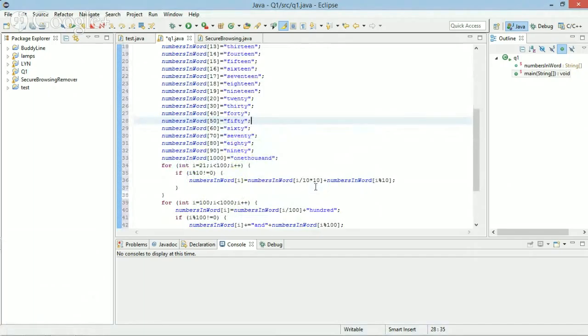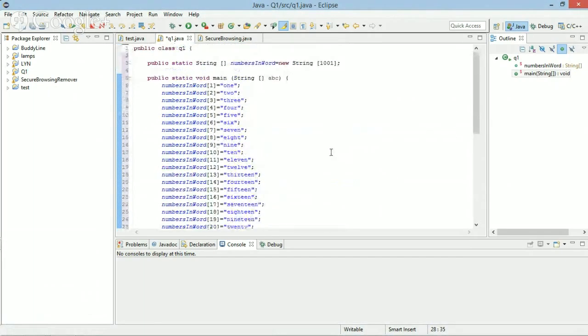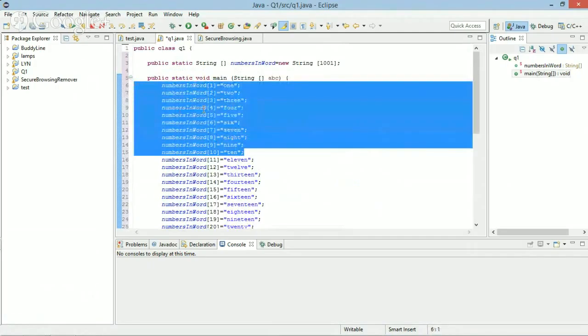Now we have several cases. The first case is from 1 to 10. I'm storing them into an array so that I can use it for, let's say, 21. We can use the array instead of retyping it. We can use the algorithm to build them out.